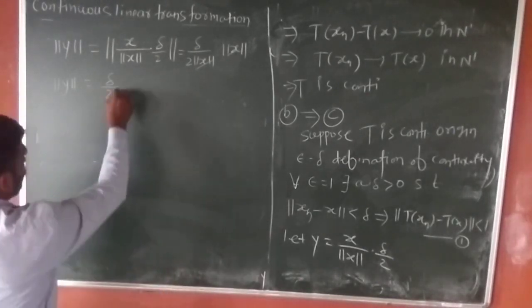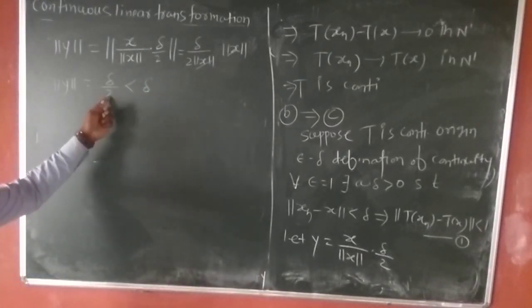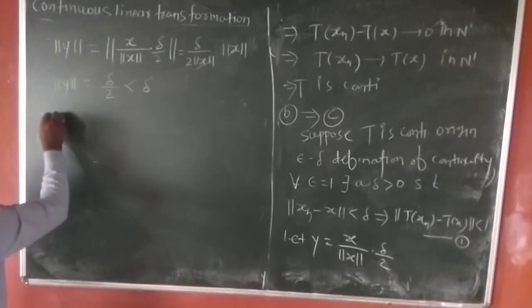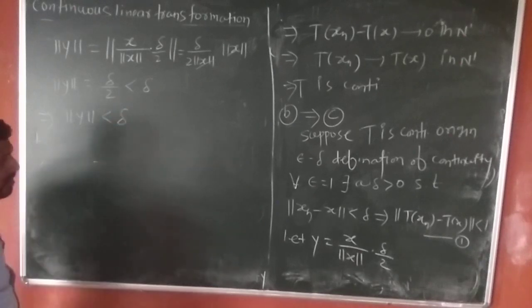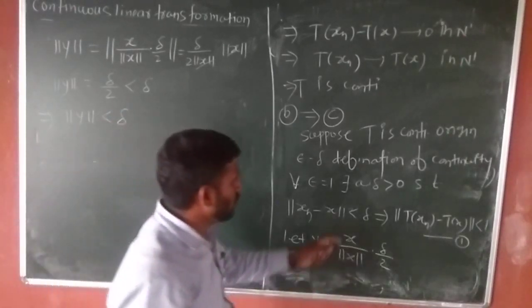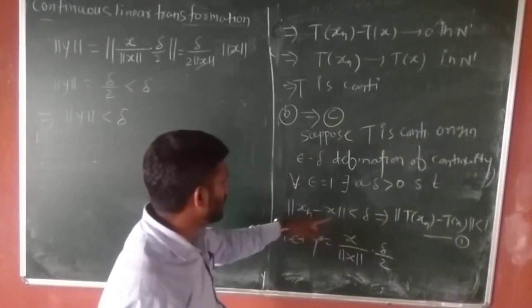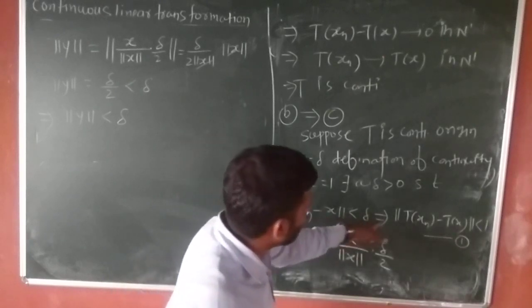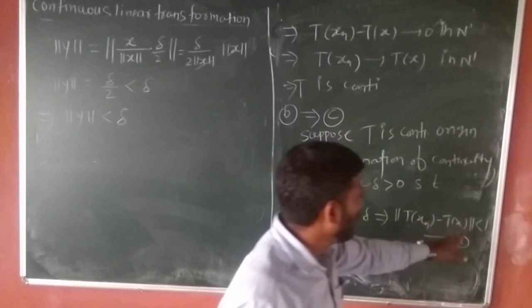Which is less than delta by 2, and that is always less than delta. So norm of y is less than delta. Here by condition 1, this is one element, x minus a, so if this element is less than delta, then the transformation of this element is also less than 1.